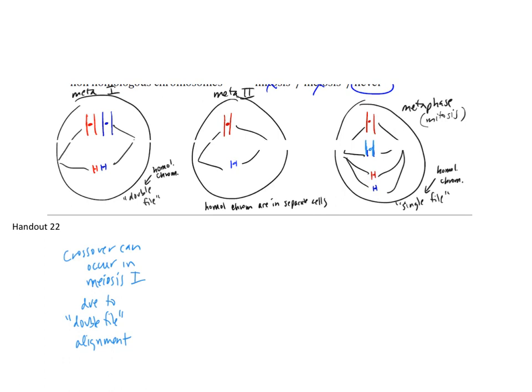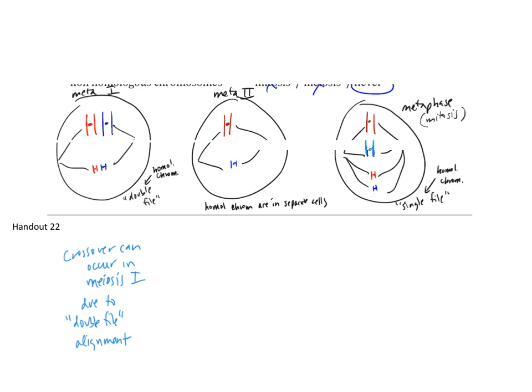Basically, as metaphase 1 proceeds, that means that of these two homologous chromosome sets, they're going to get divided in half here. The sister chromatids are still going to stay attached to each other until they get all the way through metaphase 2, which we see over here. And so let's say that this was one of the cells.